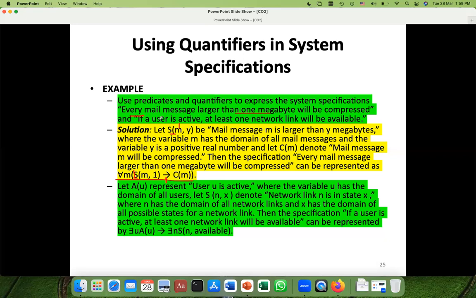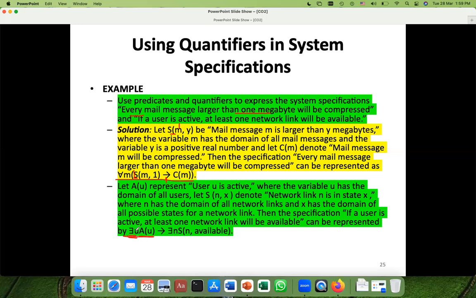And similarly, if a user is active, so now it is if and then. If a user is active, at least one network link will be available. So what it means: there exists some user U, and if U is active, that is the meaning.